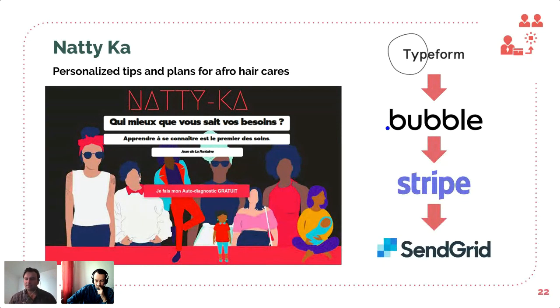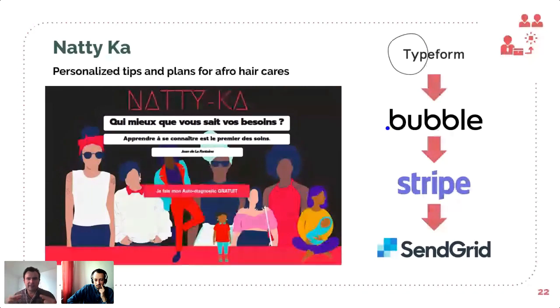And then we said, no, it will be faster, easier, and maybe even more user-friendly for people if we do it in a modular way. First, people fill a form with Typeform, very elegant, very smart, very powerful forms.